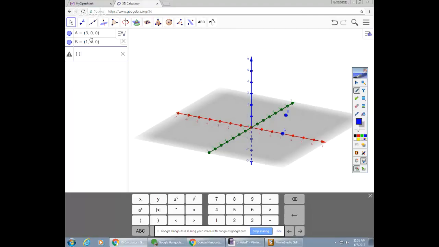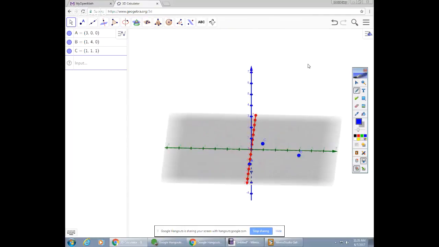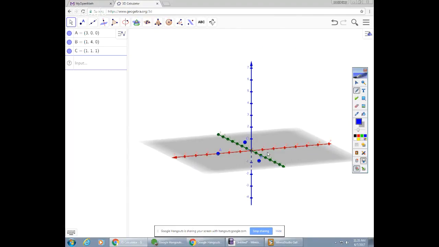How about 1, 1, 1? All right, so then we'll rotate you this way. Okay, so there's my 3 points in space. And we're going to try to find the plane running through those points, okay?